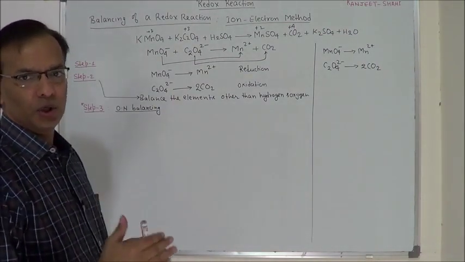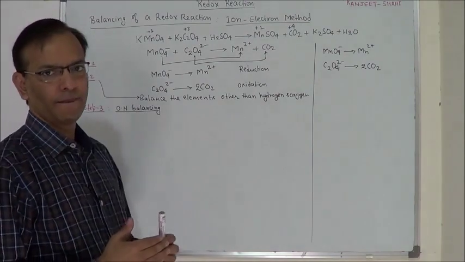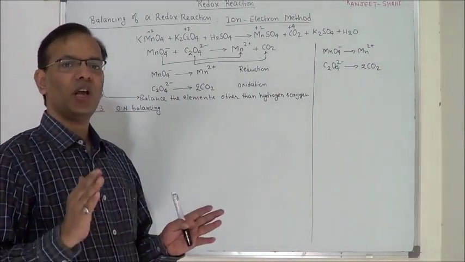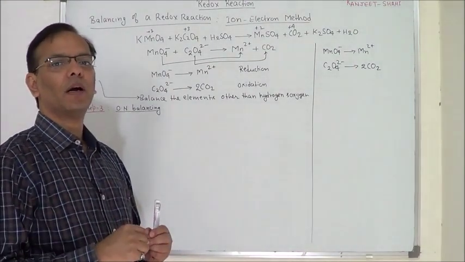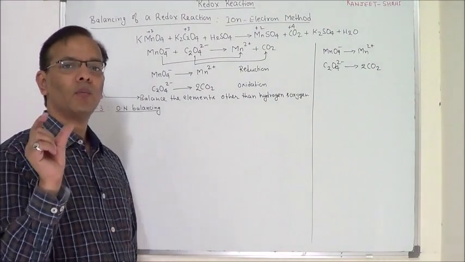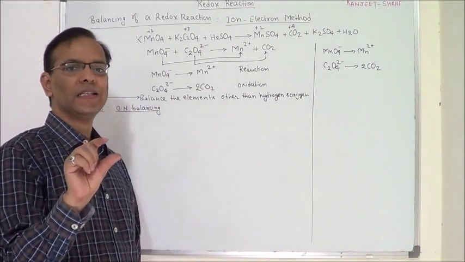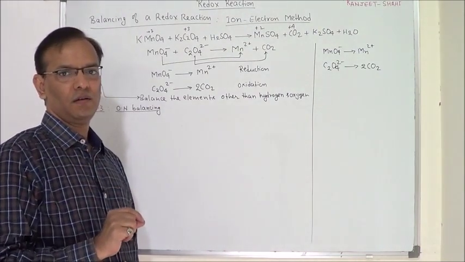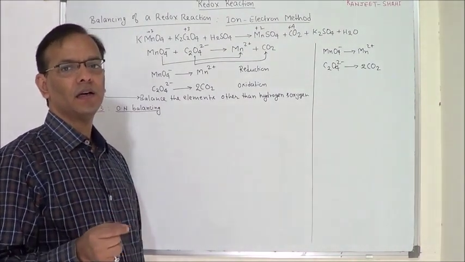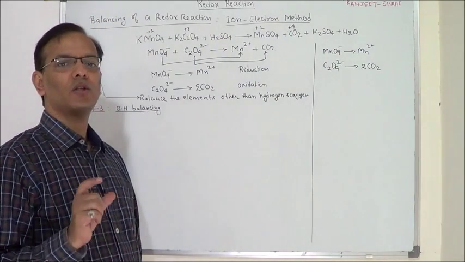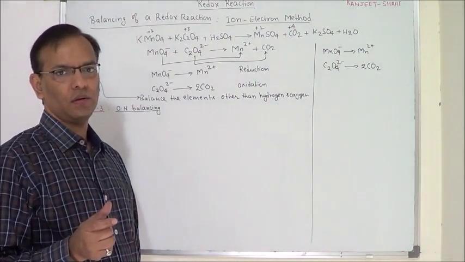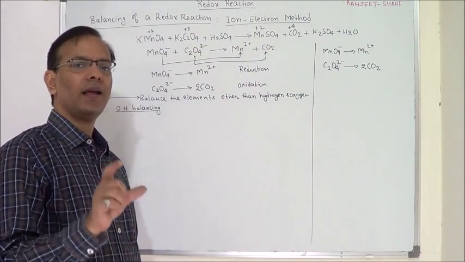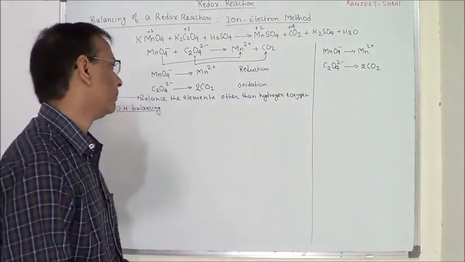Balance the change in oxidation number per formula unit of oxidizing agent and reducing agent by adding electrons to the side higher in oxidation number.